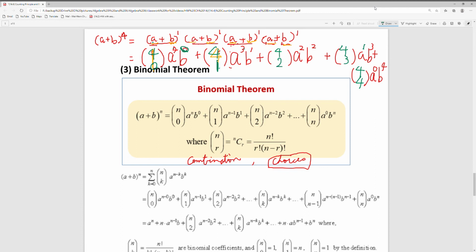So when you are talking about the nth degree, first you choose all the a's, which means you don't choose b, and then you choose 1 b, 2 b's, up to n b's. And this is the combination: 4 choose 0, 4 choose 1, 4 choose 2, and we learned the combination formula earlier.